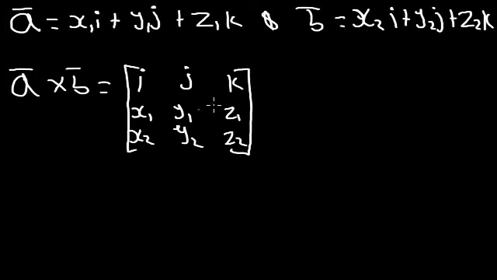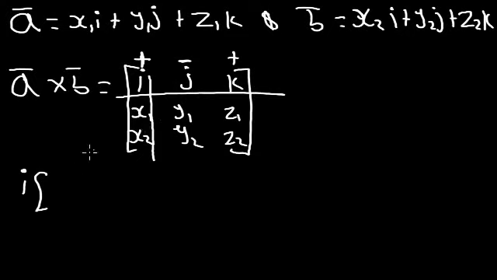So now to find the determinant of this matrix, notice that the i will be associated with positive, while the j will be associated with negative, and the k will be associated with positive. So now, trying to simplify the 3x3 matrix, you begin with i. Then all you need to do is exclude the first row and exclude all the elements in the same column as i, then include all the elements left over.